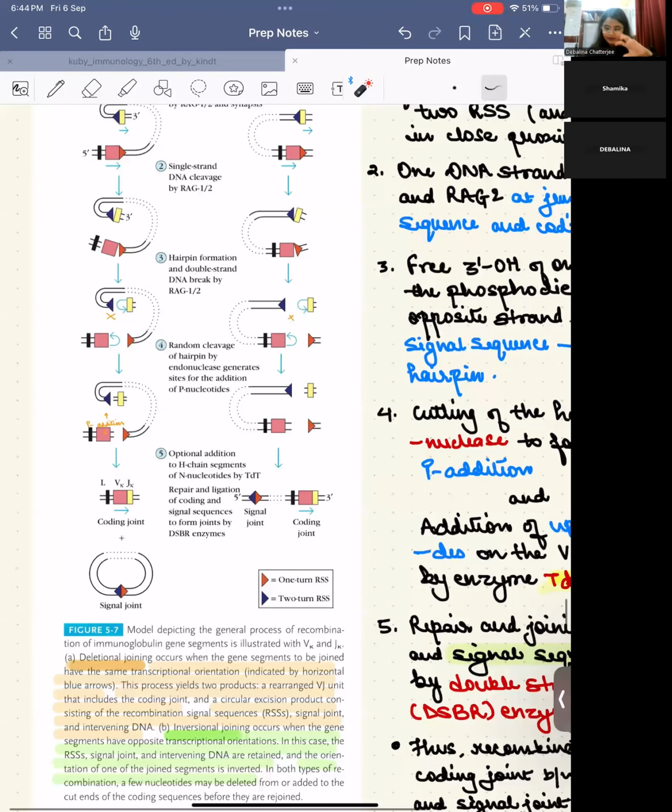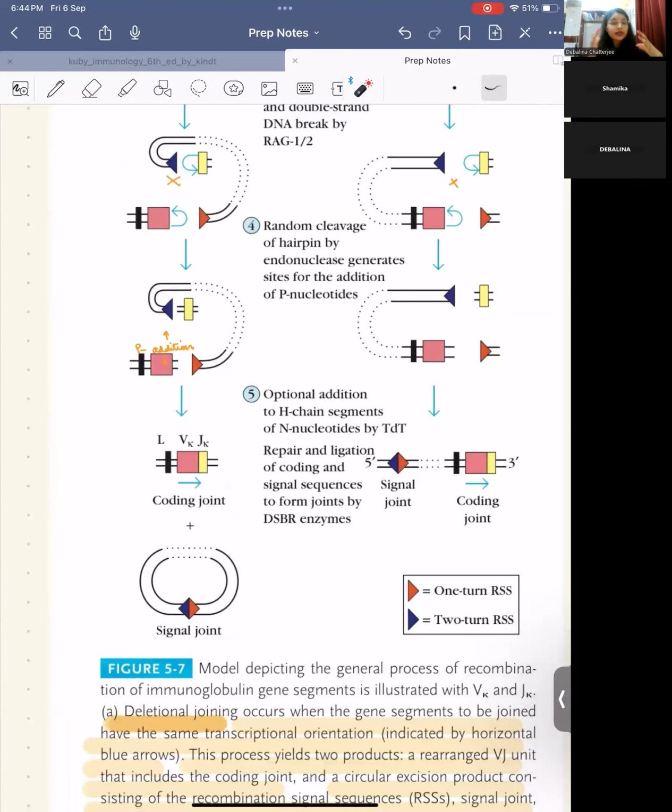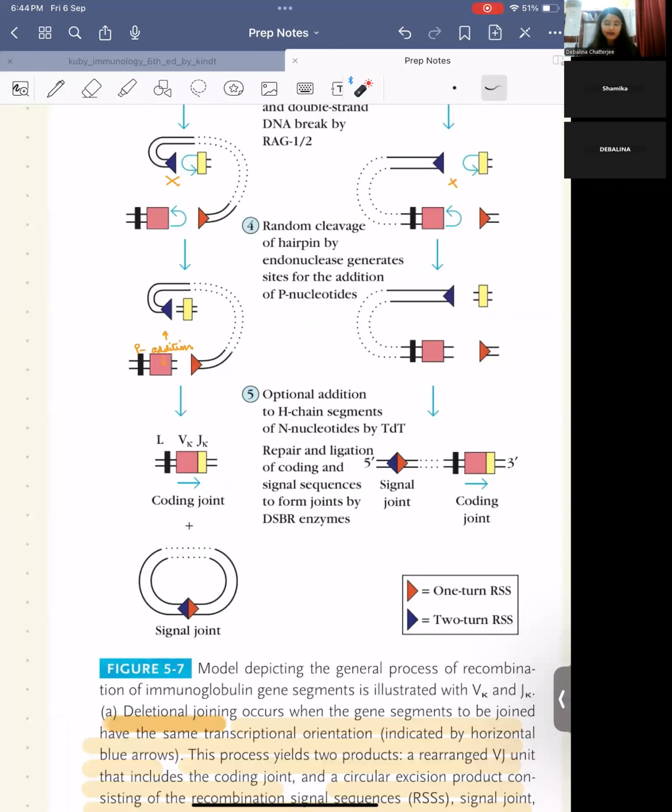Right? So the only thing that we have not touched upon in detail for now, we will come to it towards the end of the class, is why this nucleotide addition is happening. See, we discussed that when we talk about antibodies, there's a lot of diversity.